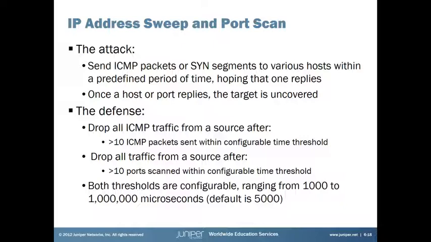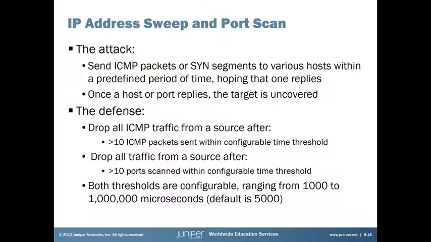So if we are in fact being hacked and someone out there is scanning our network to try and find an IP address that may respond or a port that may respond, we're going to get a lot more than 10 packets sent within a particular time frame, most likely. So what we're looking for is the difference between everyday activity and a hacking event taking place.